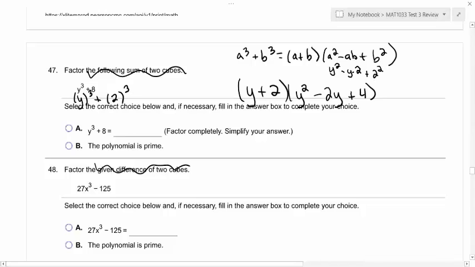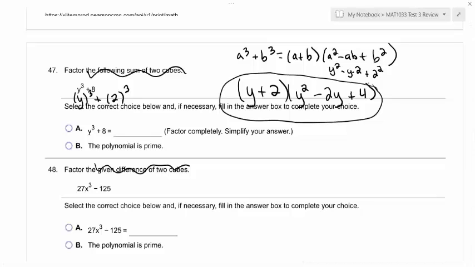Very good. So you gave me the final answer. How could you confirm that that answer was correct? Multiply. Technically, FOIL doesn't work here, but I know what you mean: you're multiplying or distributing it all out like we did in a problem way at the beginning of this review. Good.